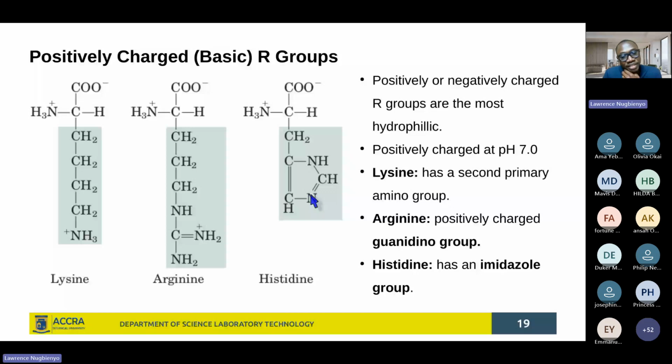Now, another interesting thing about histidine is that it is one of those amino acids that you also find in the active center of enzymes. Sometimes you find it together with serine, and they have what you refer to as proton transfer between these 2 amino acids, and it's a form of activation of enzymes.